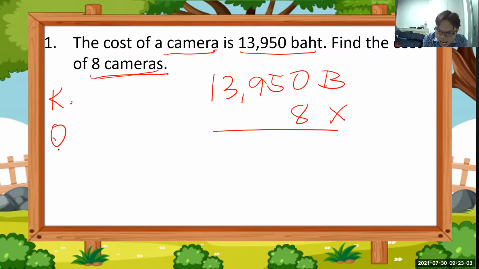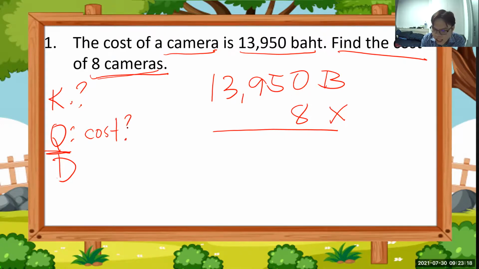Then what is asked, the question, and what are the data? Here, we don't have a keyword. Now, what is the question? Find the cost. For cost, we look for how much, so that is baht.